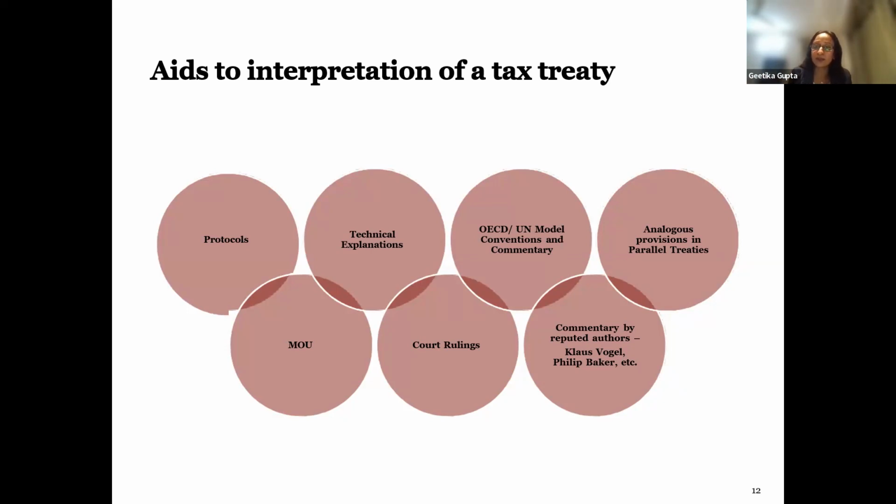Then how do you interpret? Then we take the help of parallel treaties, that is, analogous provisions in the parallel treaties. Let's say in another treaty, the same language is used, and it may be interpreted in one of the treaties, or there may be an explanation. So help can be taken from those treaties to interpret the language in the other treaty.